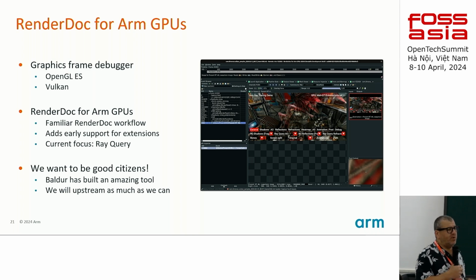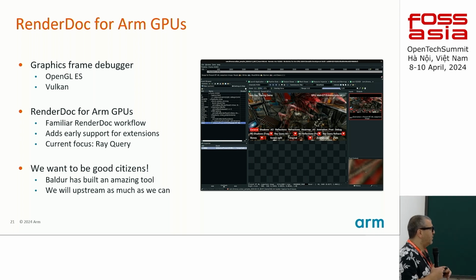As part of that, we've added RenderDoc. RenderDoc is widely used within the industry from a graphics debugger perspective. It's got full Vulkan support now. We've ensured that it works well on ARM and targets our GPUs as well. We're trying to be good citizens with upstream.